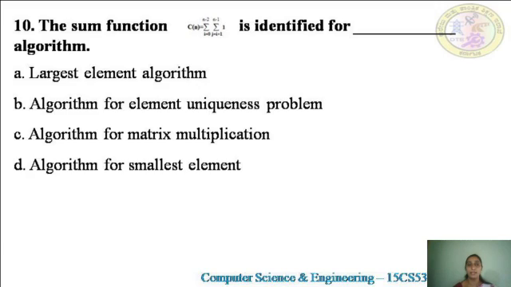Yes, exactly, it is algorithm for element uniqueness problem. Since we have two for loops, we have two sigmas, that is sigma i is equal to 0 to n minus 1 and sigma j is equal to i plus 1 to n minus 1.